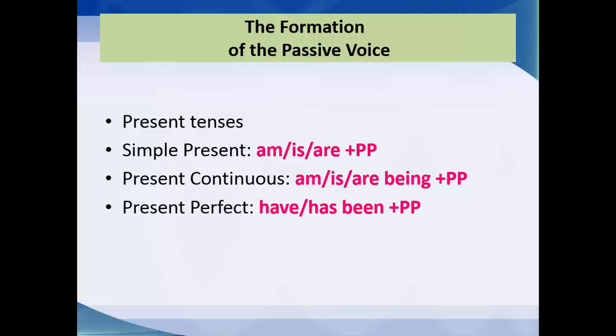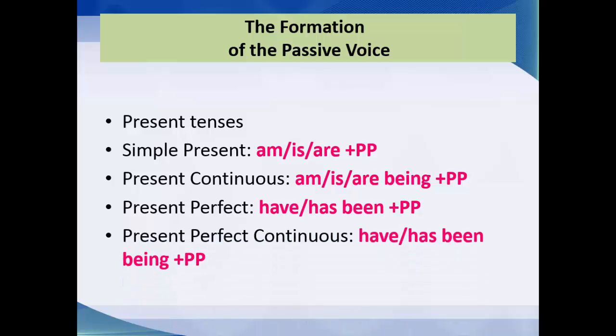In the present perfect, have or has been, plus the past participle. In the present perfect continuous, we can use have or has been being, plus past participle.